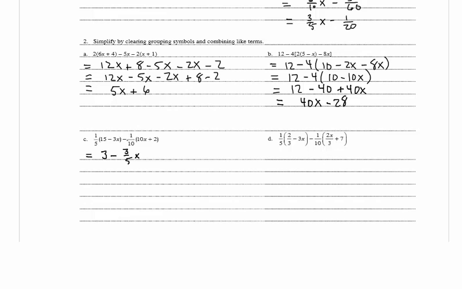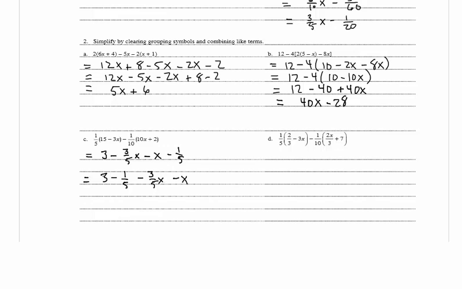And now I have negative 1/10 times 10x leaves me with negative x. And negative 1/10 times 2 is negative 2/10, which simplifies to 1/5. So I have negative 1/5. And this is equal to 3 - 1/5 - 3/5 x - x.